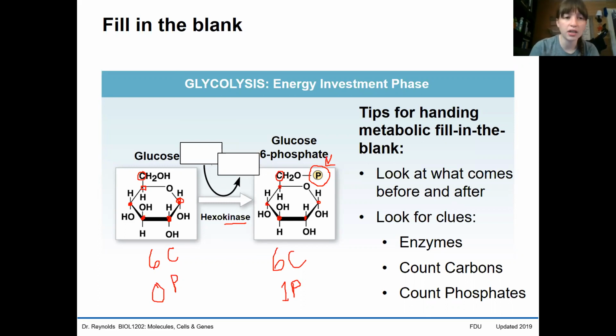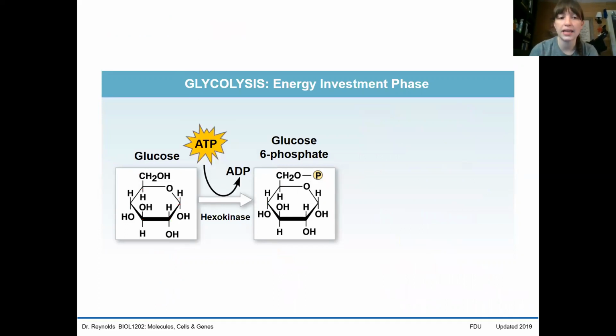And I know that I can go from a molecule of ATP to a molecule of ADP, and this will allow me to give this phosphate here. It's very important to pay attention to the directionality of this arrow and the directionality of the fact that since we're gaining a phosphate on our second molecule here, we're going from ATP to ADP in this example.